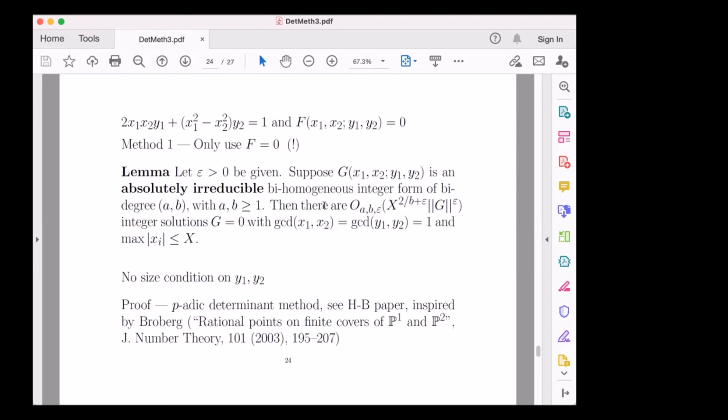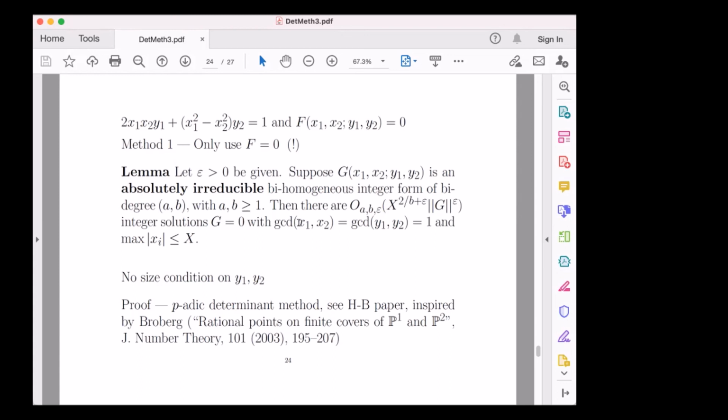So here's a lemma that says that if you have an absolutely irreducible bihomogeneous integer form G with bidegree a, b, then the number of solutions is x to the 2 over b plus epsilon times the size of G to the epsilon.